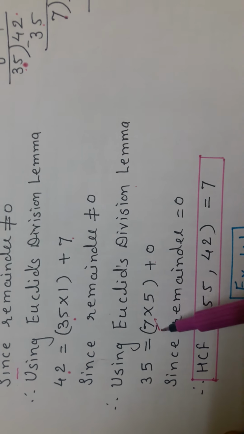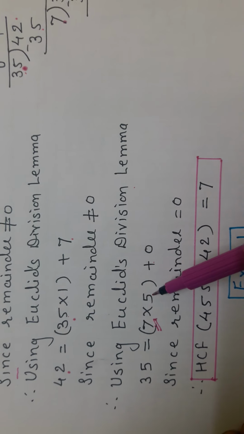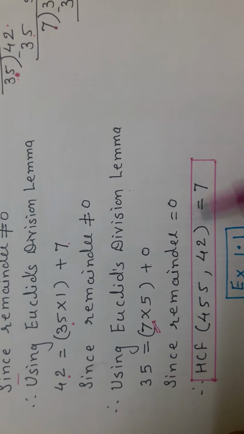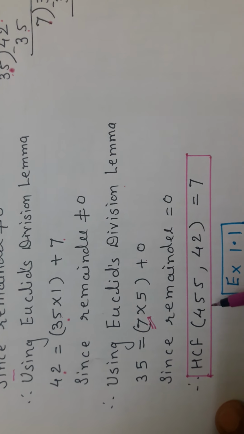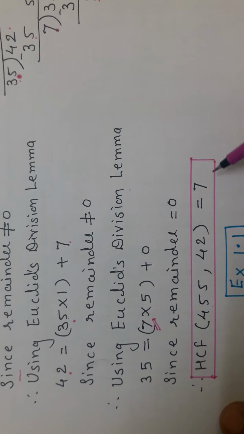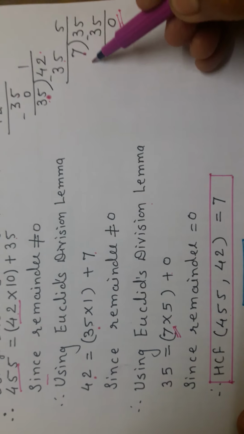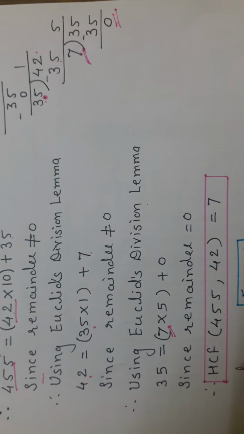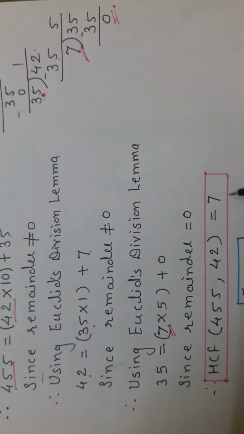Here you are finding 7 is the divisor, 5 is the quotient. Since remainder is equal to 0, therefore HCF of 455 and 42 is nothing but 7. It is always the divisor, not the quotient. That's why the answer of this problem is 7.